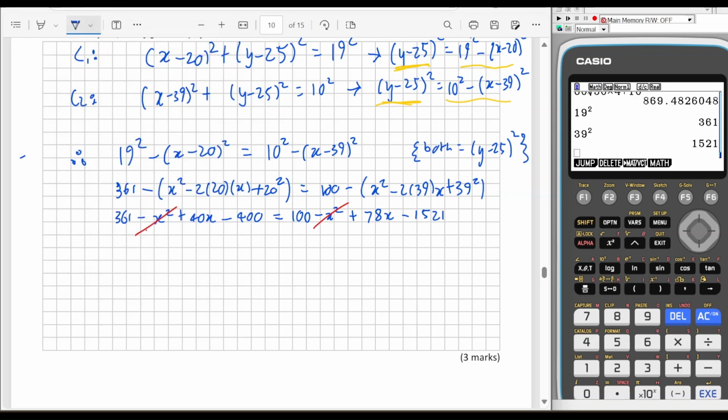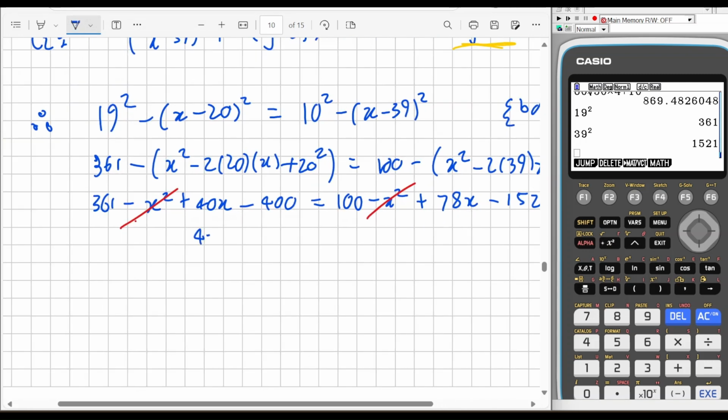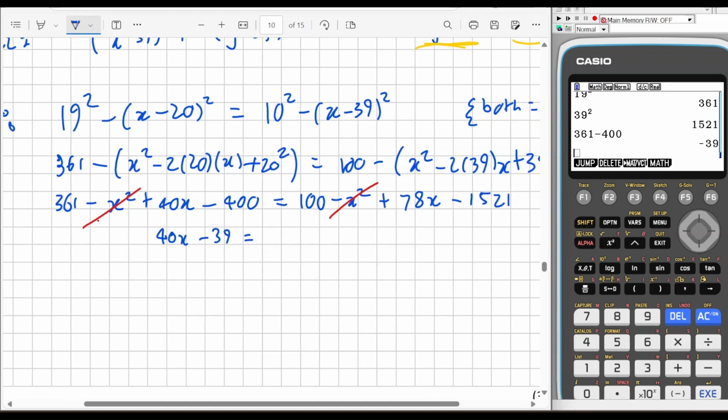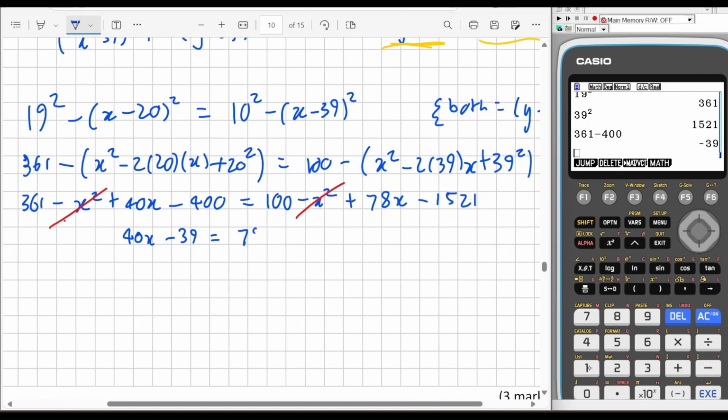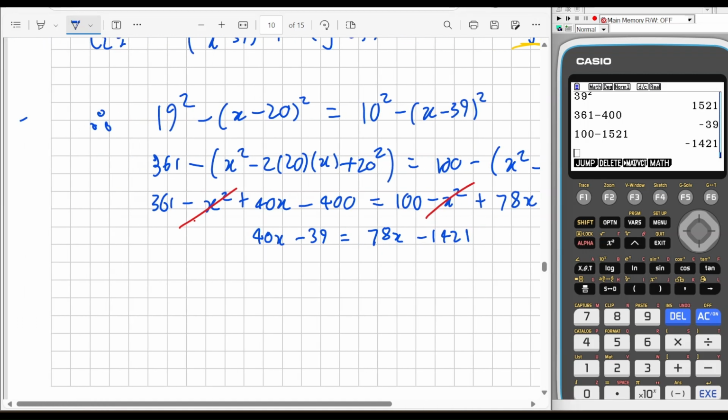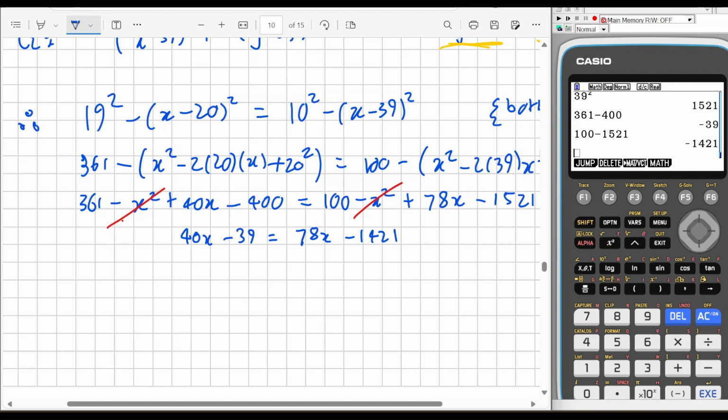So on the left-hand side here, I'm left with 40x. 361 minus 400 is minus 39. And then on the right here, I've got 78x, and we've got 100 minus 1521. Let's work out what that is. Minus 1421. All right, what I'd like to do is get all the x's on the left and all the numbers on the right.